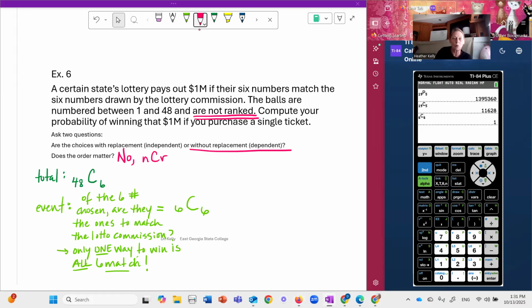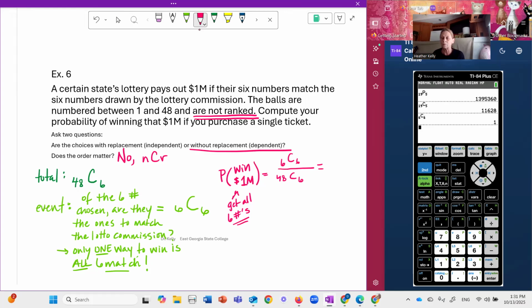Okay, so let's look at our probability. Here we're looking for the probability that we win $1 million, or get all 6 numbers. That's the same thing as winning $1 million, right? And that's going to be 6 choose 6 over 48 choose 6. I wrote it like this because I wanted to show you how to put this in your calculator.